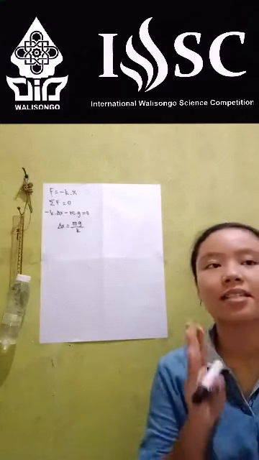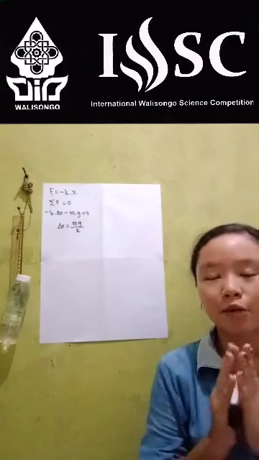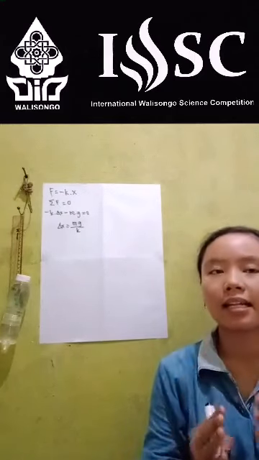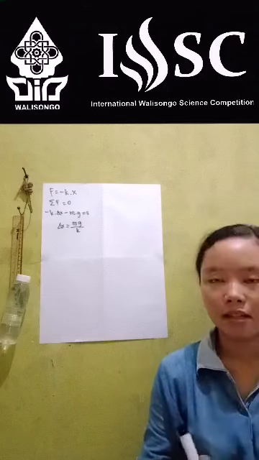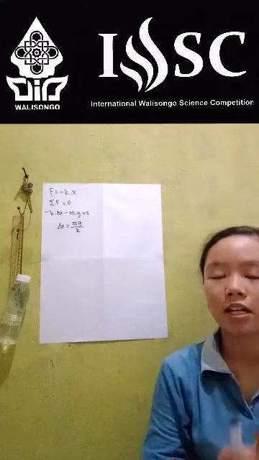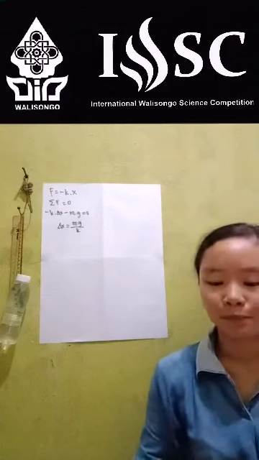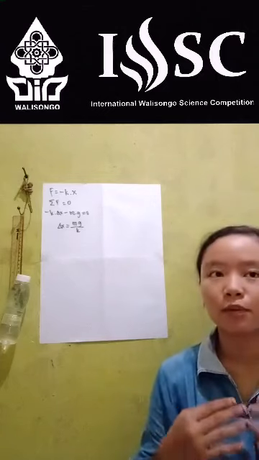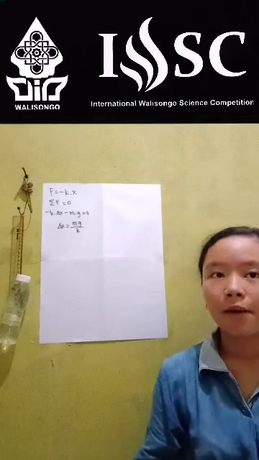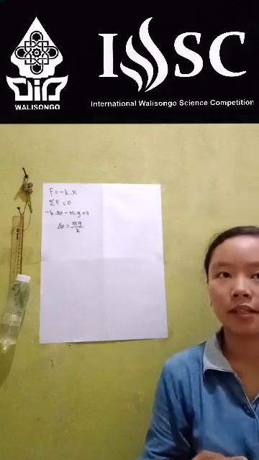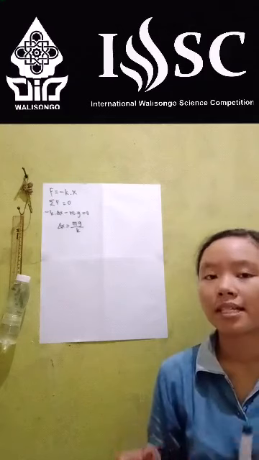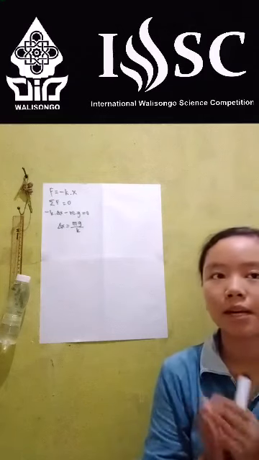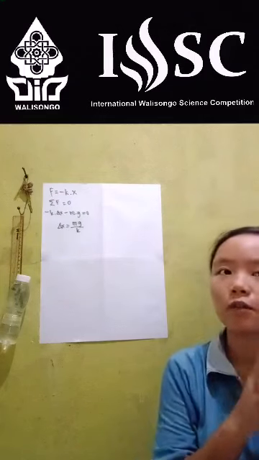Okay, next, the second case, the rubber moves in an oscillatory manner. Oscillation is the back and forth movement of an object past the equilibrium point, which is caused by the presence of a restoring force.